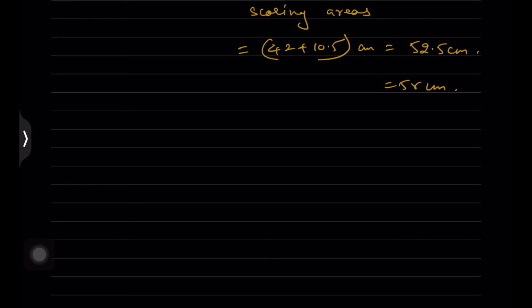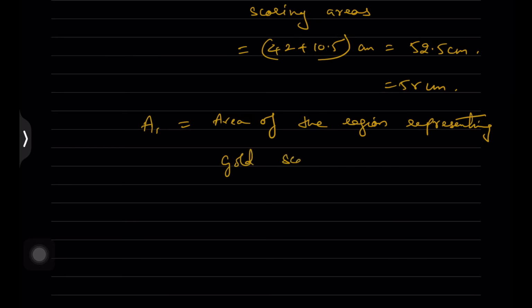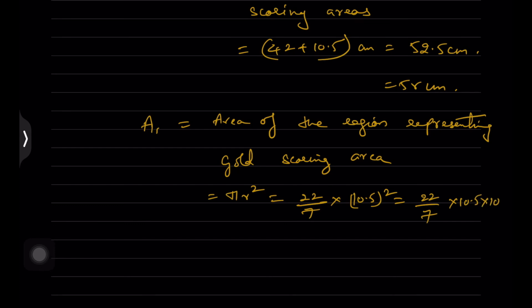Now we have to find out the areas for each region. You can take the first gold circle area as A1, which is equal to the area of the region representing the gold scoring area, which is equal to pi r square, which is equal to 22 by 7 into 10.5 whole square, which is equal to 22 by 7 into 10.5 into 10.5.